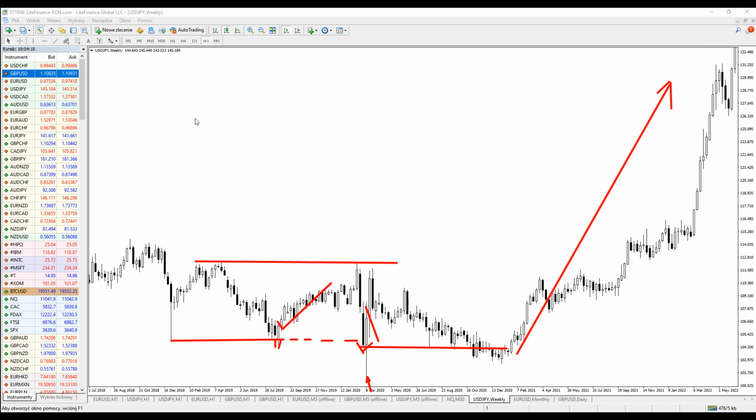That's of course a higher time frame, so your approach is different, size of the position and expectations are different, but as I mentioned, it works on each and every time frame.